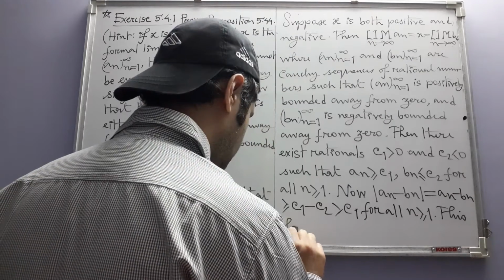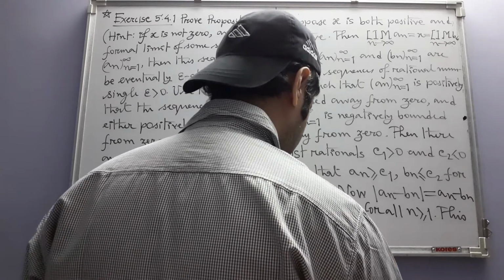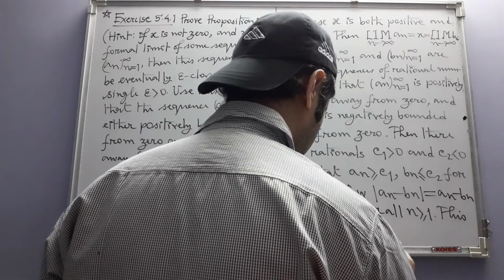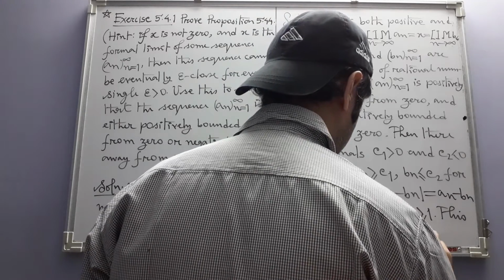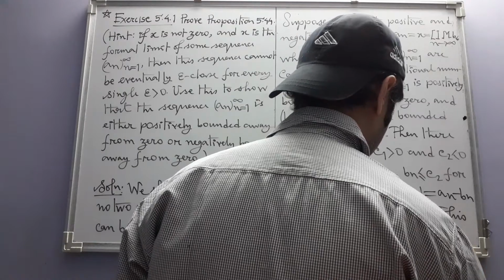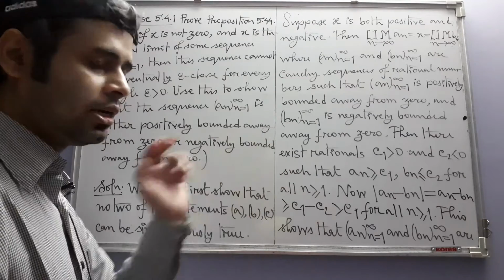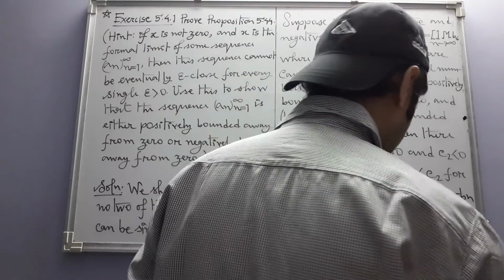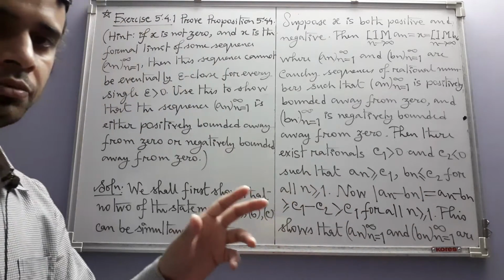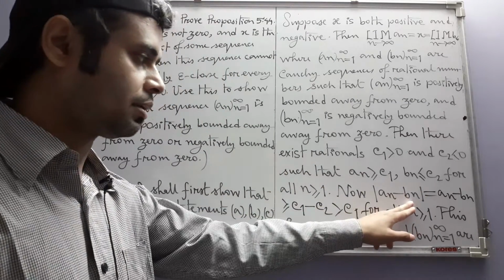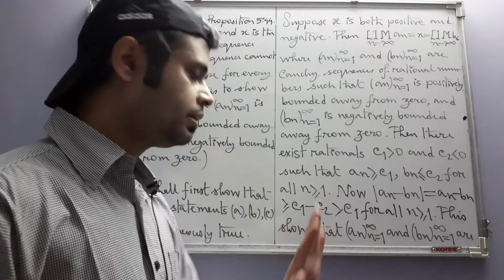This shows that the sequences (an) and (bn) are not eventually c1 close, because all the possible differences that we are considering between the corresponding terms of an and bn are all strictly greater than c1.